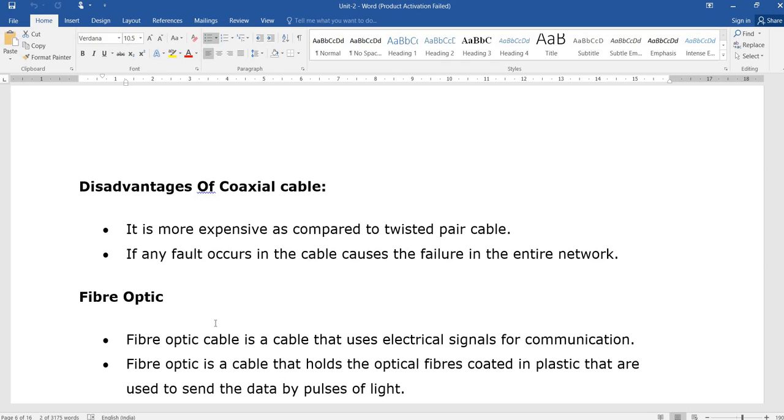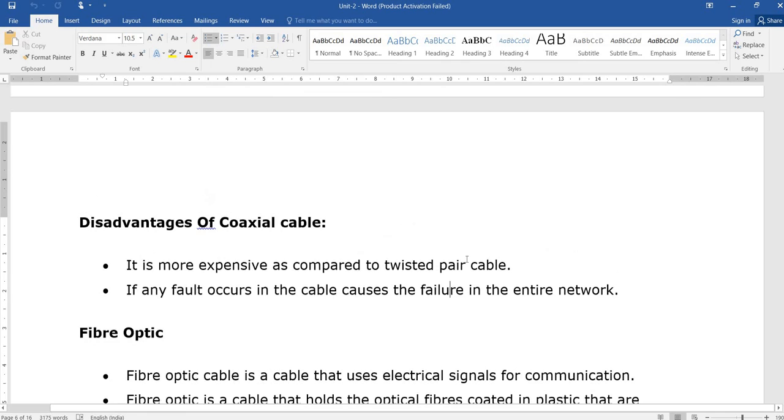But in UTP cables, we have multiple, four pairs of cables, so if one cable goes down, we can manage it with the others for transmitting the data. It is also susceptible to EMI. Don't forget this one, it is one of the disadvantages.